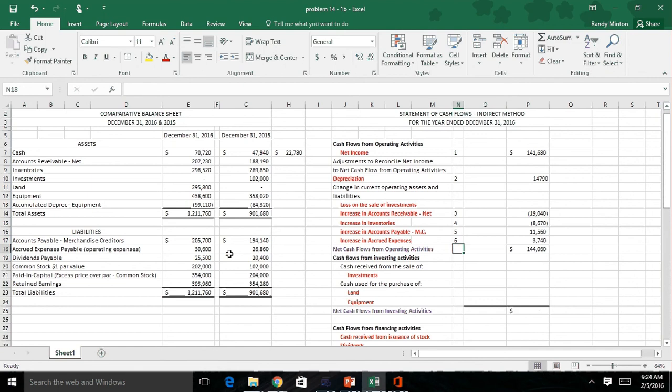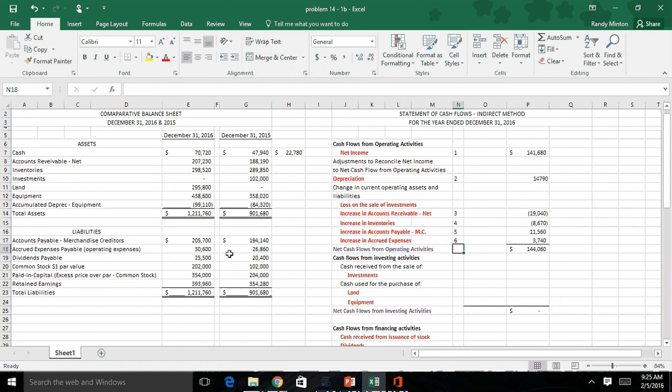So if I pop that number in there now, that is essentially all that we would typically have to calculate net cash flows from operating activities. However, we have a little bit of a conundrum here that we have to deal with.